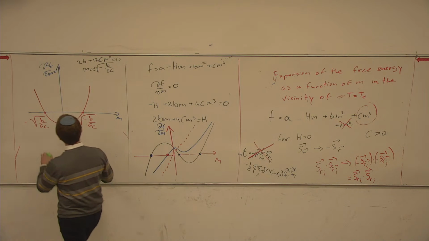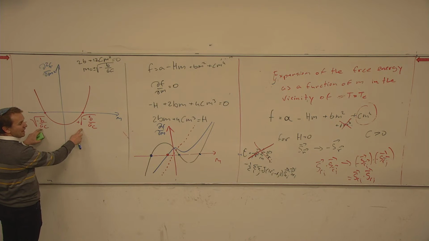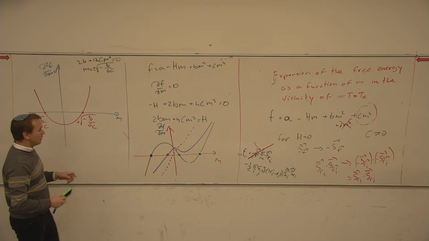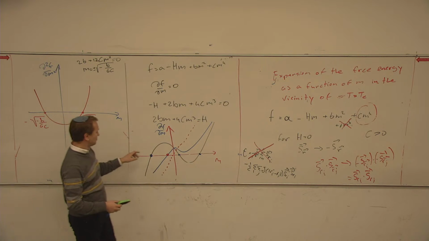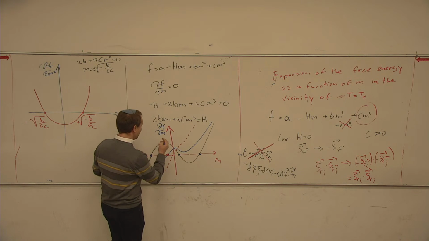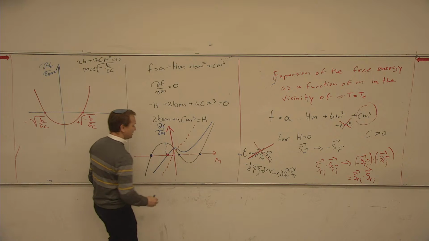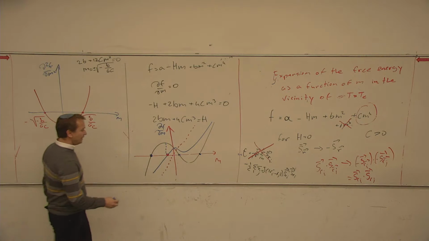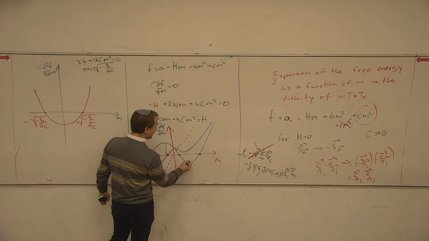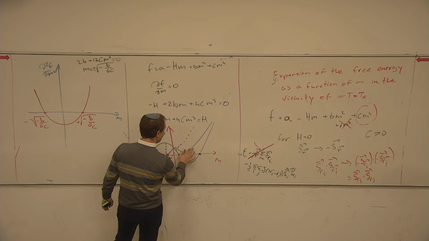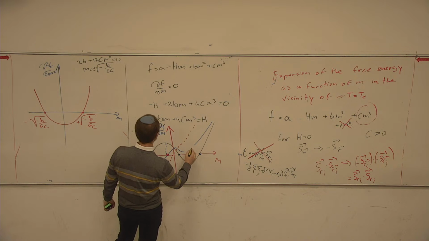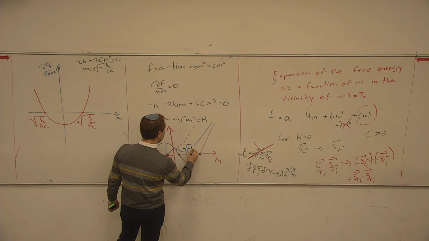Now I'm going backwards, and I'm saying, well, this is the negative part, and this attributes to this one. And this is the positive one, this maximum, and it appears at the square root of minus b divided by 6c.